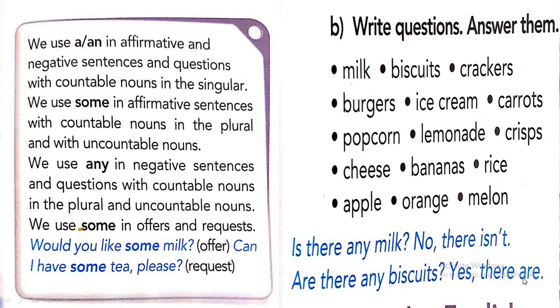Yes, there are. So you ask whether is there or are there. You can ask also with any and some. Again, pause the video and do the question. Make sure you answer all the questions, please.